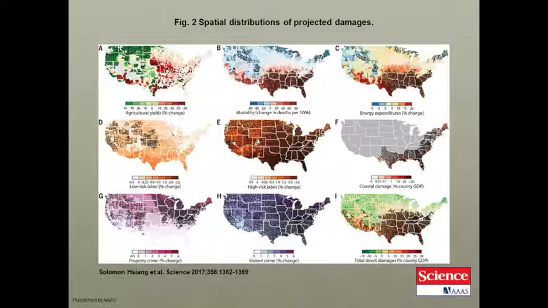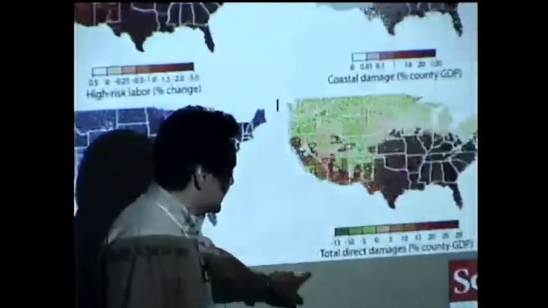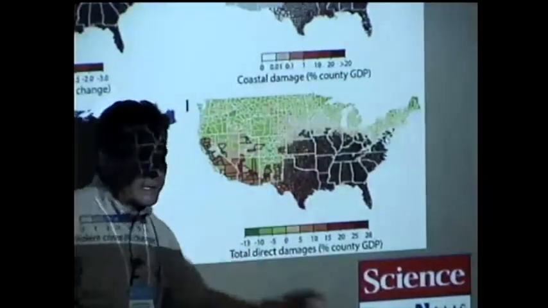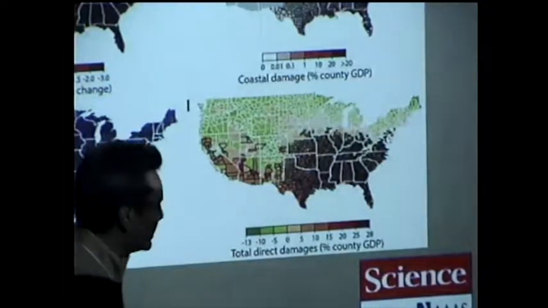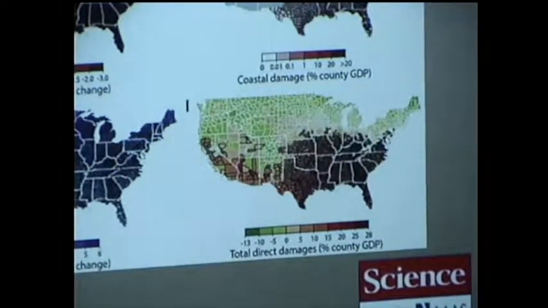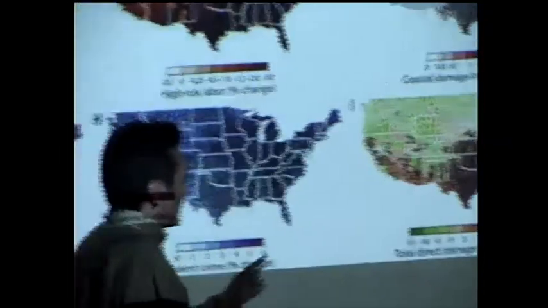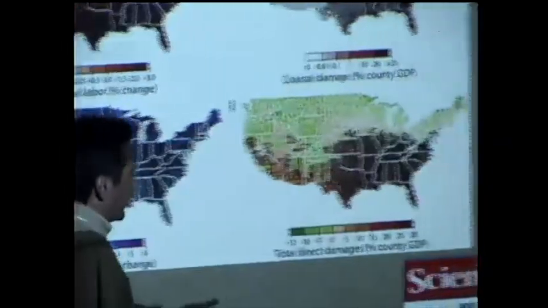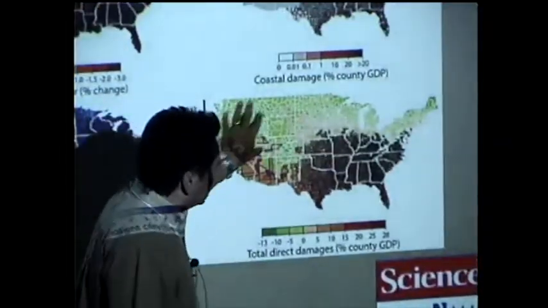And then they added all those into one index over here. So this is the index that shows the total direct damages expected from climate change in the U.S. And you see many interesting things, but I want to highlight two things. One is that a big part of the U.S.